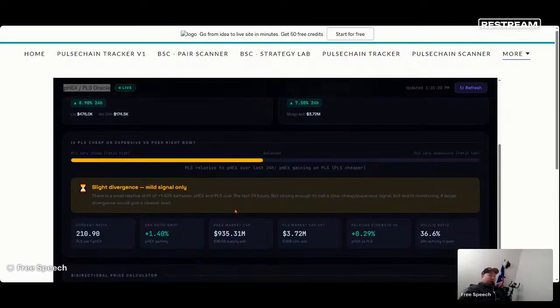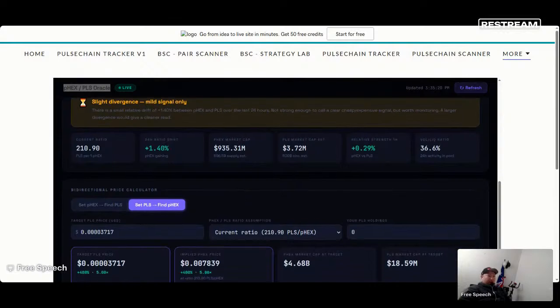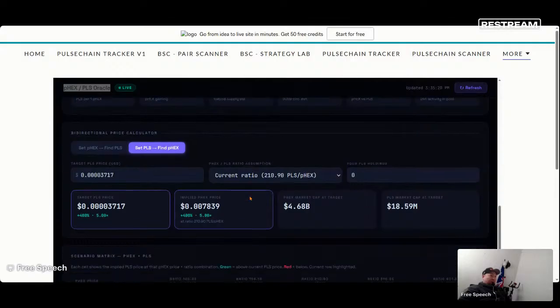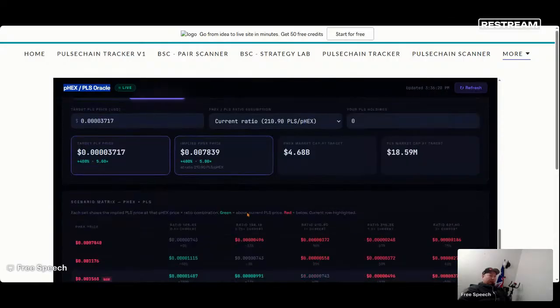I was trying to develop a way to gauge whether HEX is cheap or Pulse is cheap relative to one another. You can see here some other little factors. It says if you were to set pHEX as the base or set Pulse as the base, and then you can see the ratio, the current ratio being this here, 2.19, and some other details.